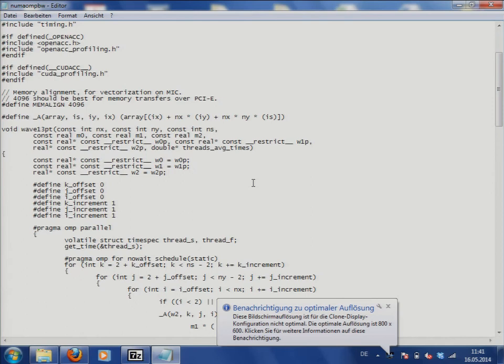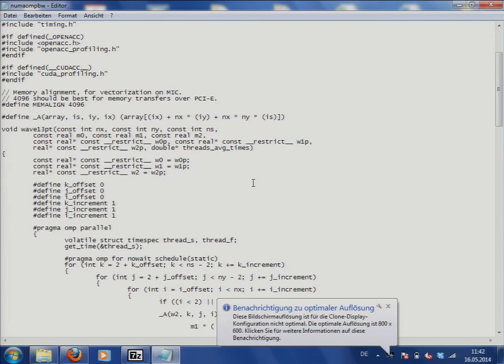So that means here we have an example for the use of the restrict keyword. So here, this was done very well. The restrict keyword here tells the compiler that those 3 pointers do not overlap.